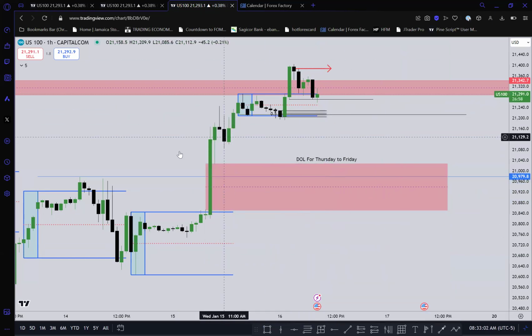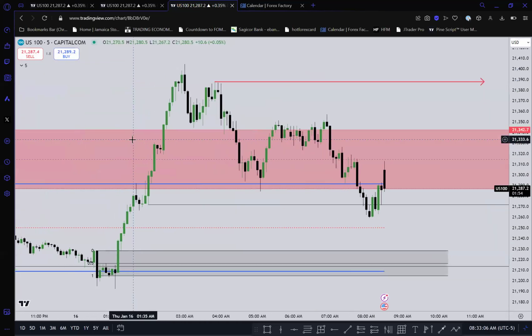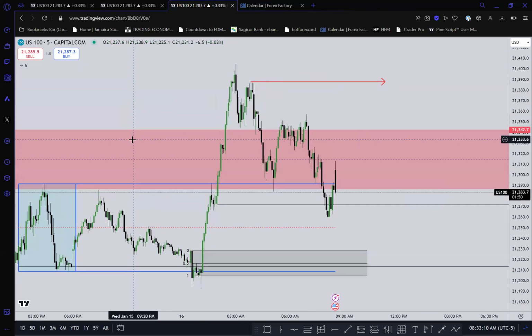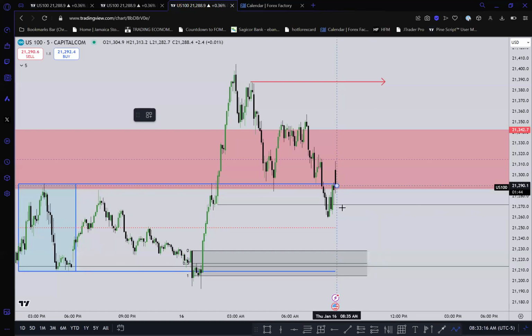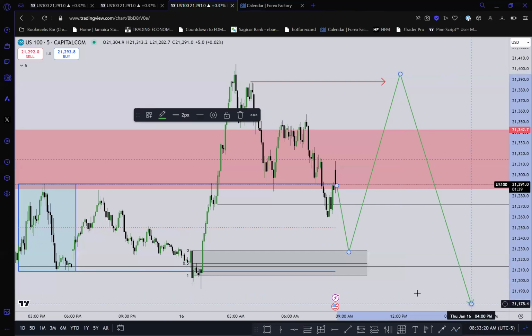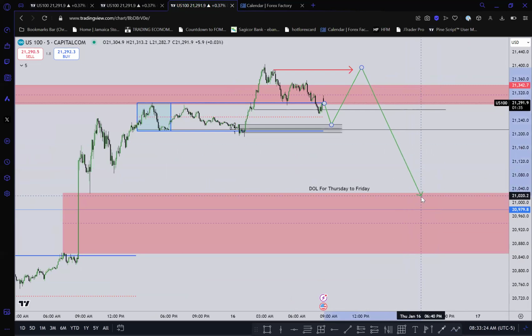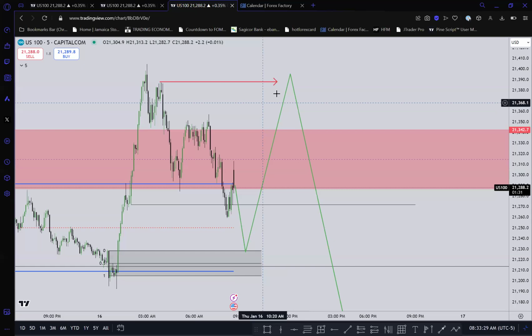So roughly around 300 points away. It's been a while since I swung a position, so I might look to get that today. What makes me really excited about this is, depending on where we get the setup, because the market's not moving yet, it will either be a potential long here or short here.